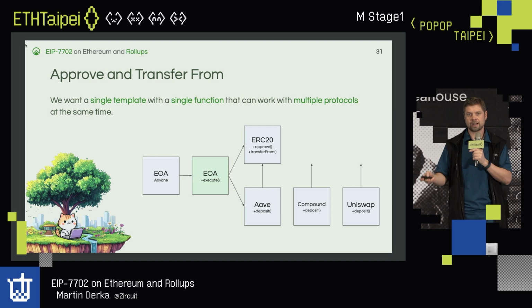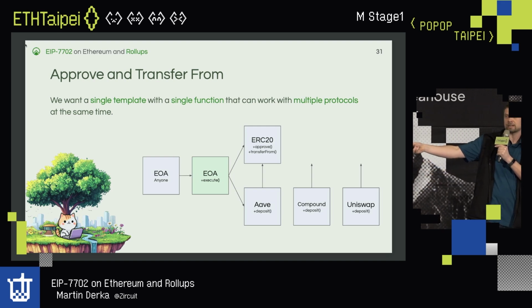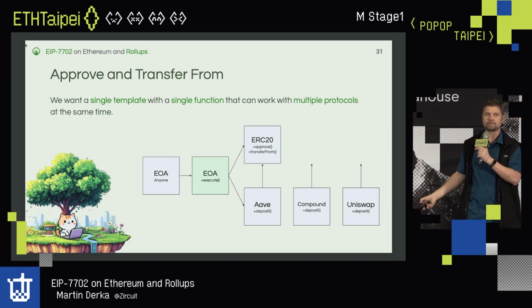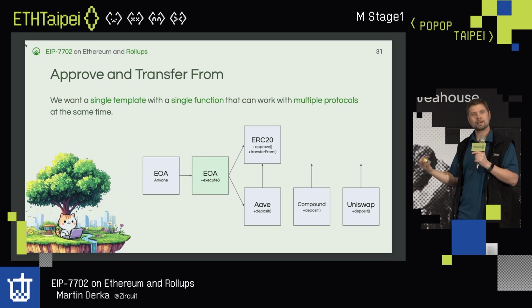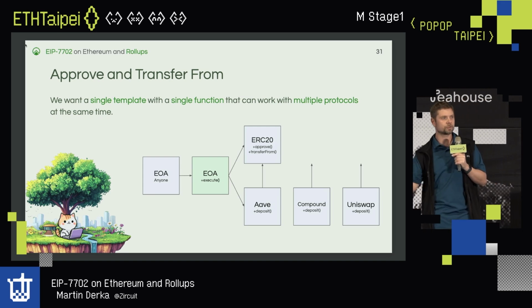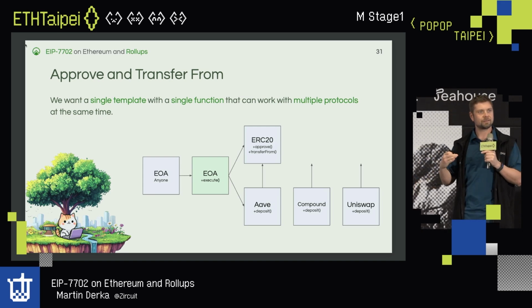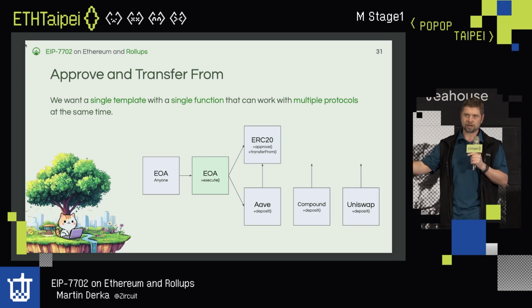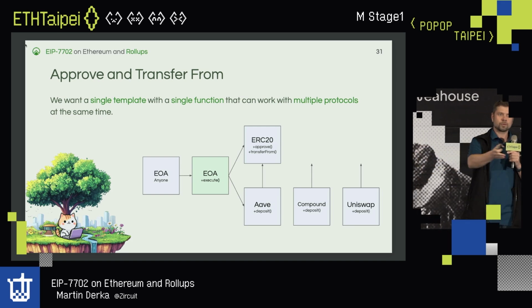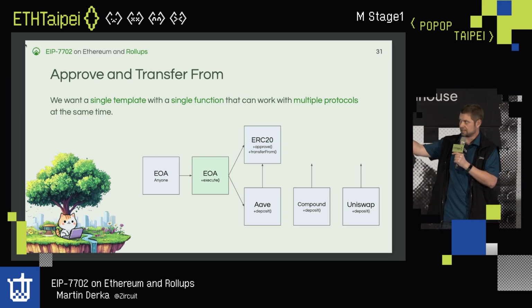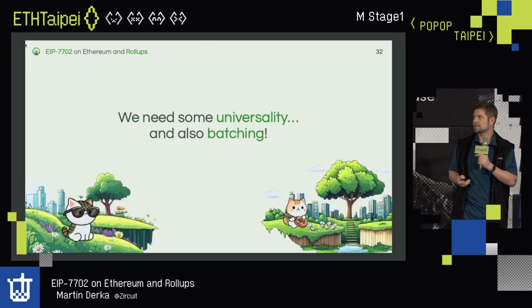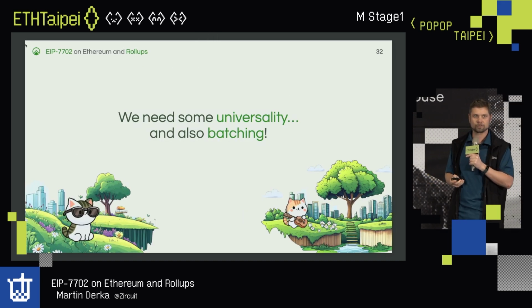What I would much rather have is one generic method that can interact with everything, right? Because what would that allow me to do? That would allow me to essentially position the integration between DeFi protocols from the level of smart contracts and EOAs to the level of front ends, which is exactly where this EIP becomes insanely powerful.